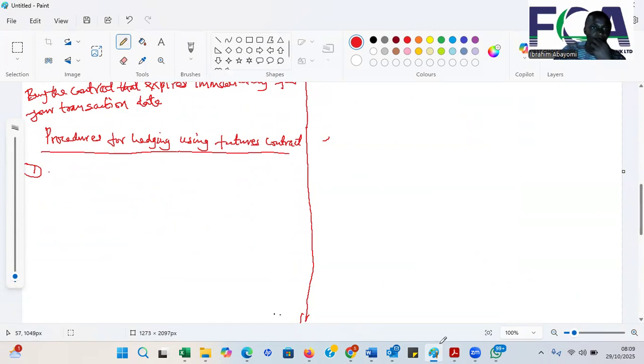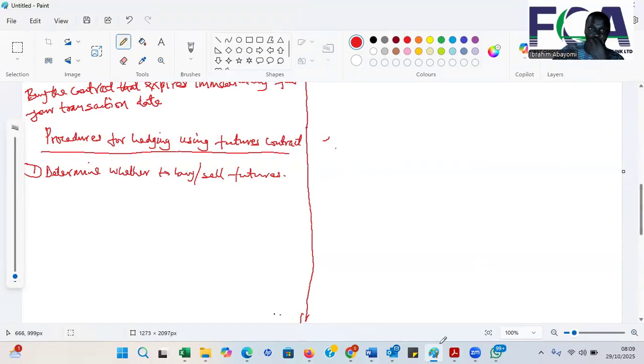I want to give you the detailed procedure you need to follow. So, determine whether to buy or sell futures. Okay, what's the rule?